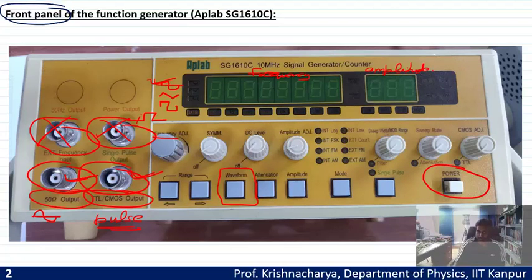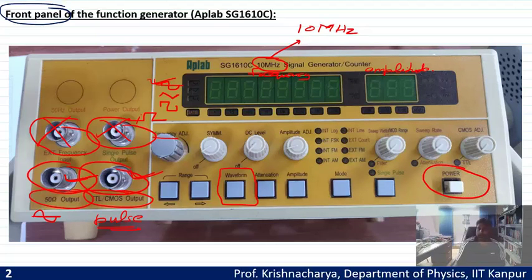Here you have these numbers, which tell you the order of magnitude of the frequency: 1 Hz, 10 Hz, 100 Hz, 1 kilohertz, 10 kilohertz, 100 kilohertz, 1 megahertz, and 10 megahertz. Now you read this one. The bandwidth of this function generator is 10 megahertz.